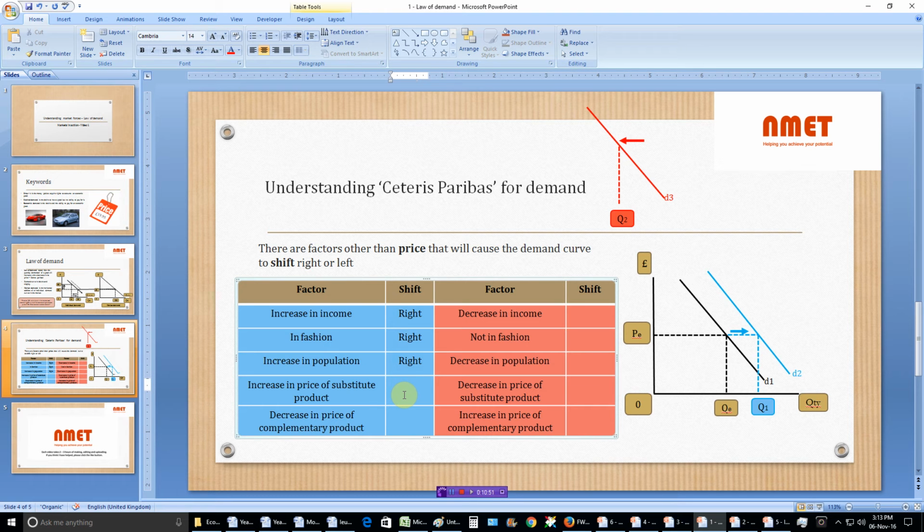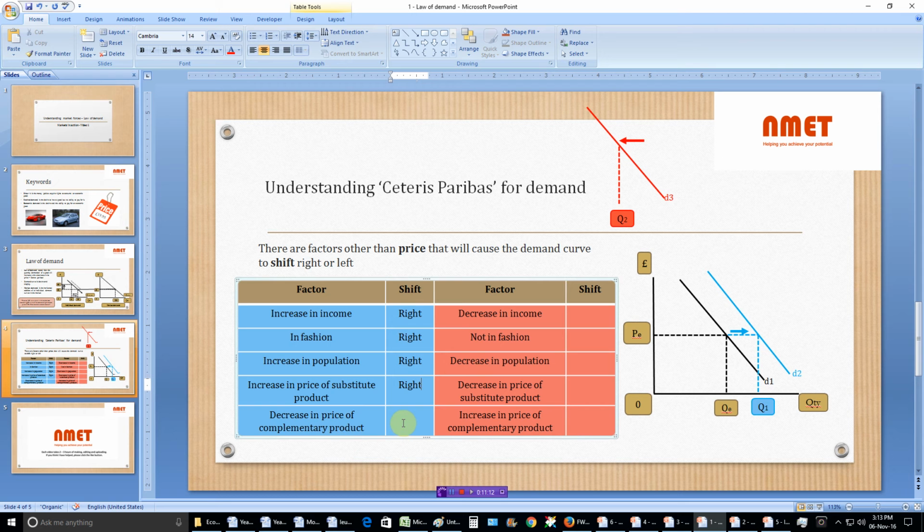It'll go up, to the right. So if the price of a substitute, margarine and butter, if the price of butter went up, then people fall back onto margarine and the demand shifts to the right. So all these are factors, as we can see: income, fashion, population, substitute. All these are different to the price, and they cause a shift in the demand curve.